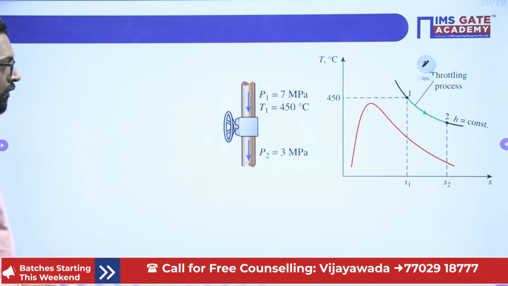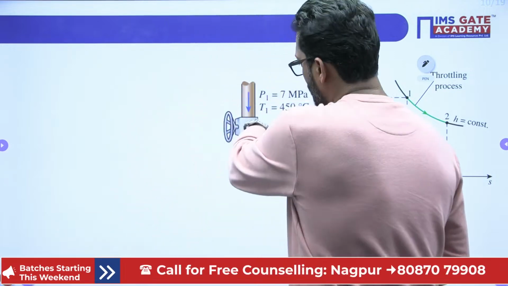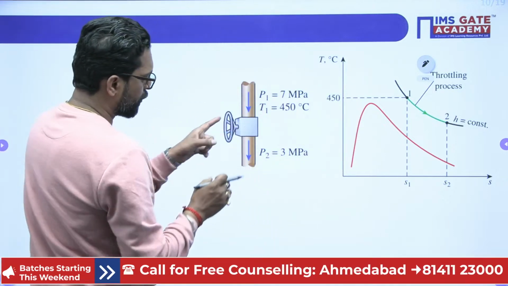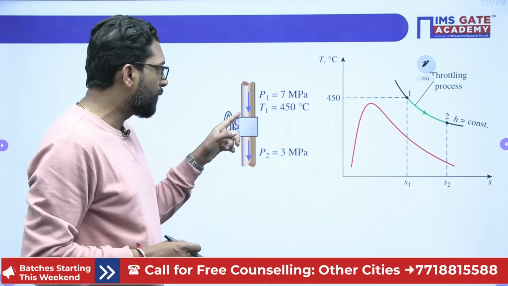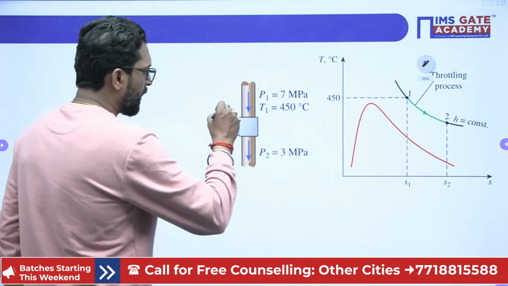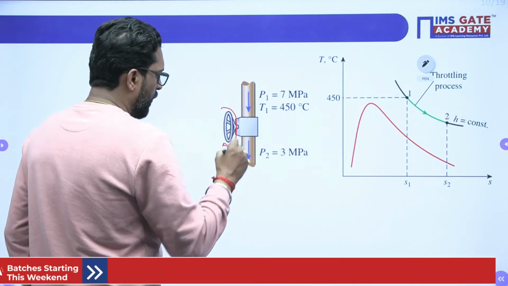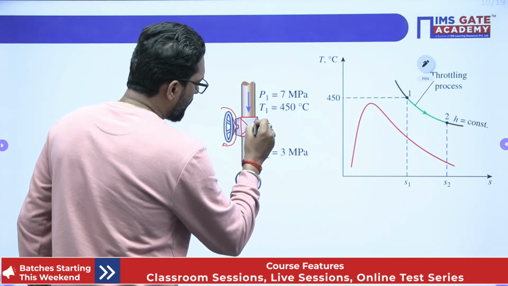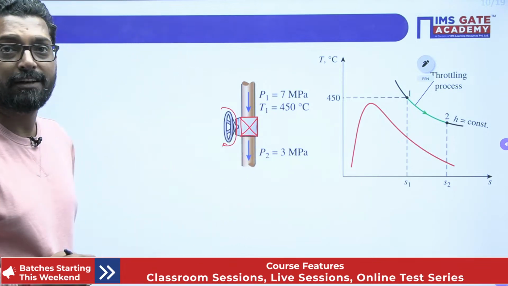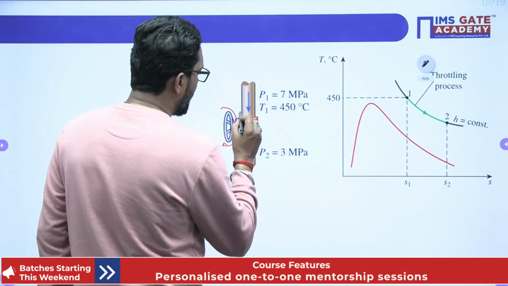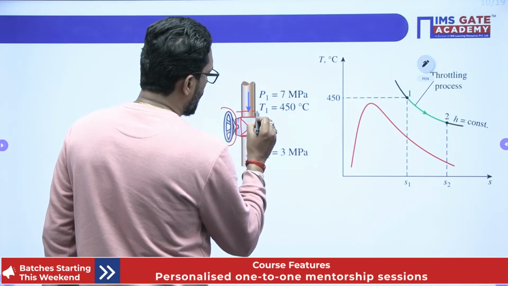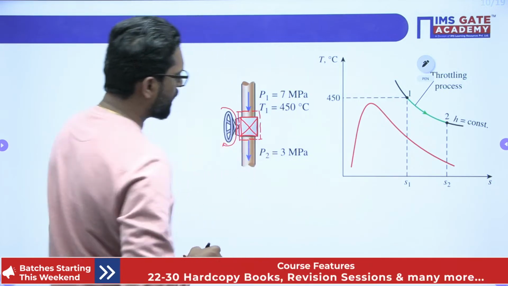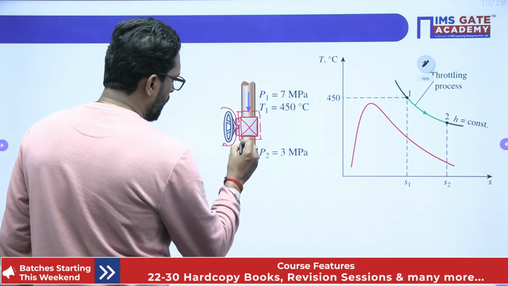So see, this is your throttling valve. Throttling means you reduce the area of the passage. This is your valve, which tries to reduce the area of this passage. There is an inlet section. If you take the throttling valve as a control volume, this is our control volume.